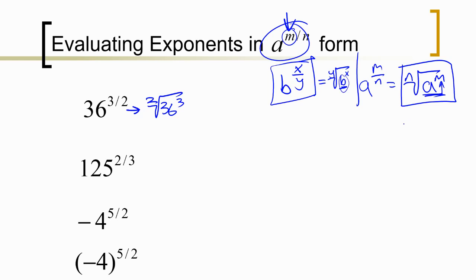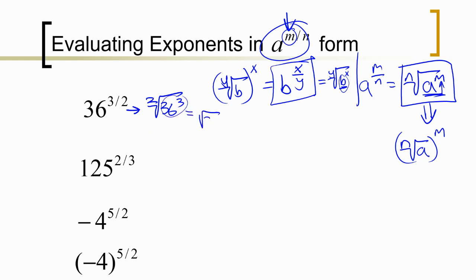But again, the point is that we can do it this way, or you could rewrite it to be the nth root of a, and then on the outside to the m power, or the way I had it originally, you could say it's the y root of b to the x power. And so again, the order matters because here, I don't know what 36 to the 3rd power is, but I do know what the square root of 36 is.